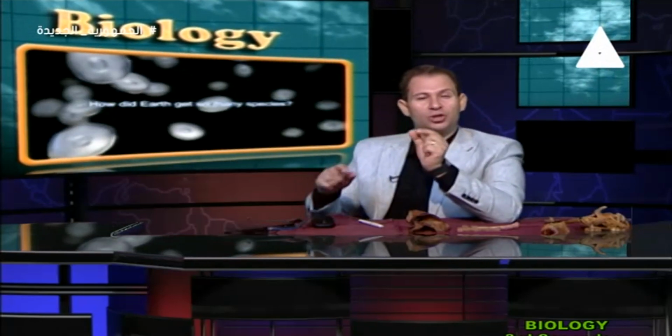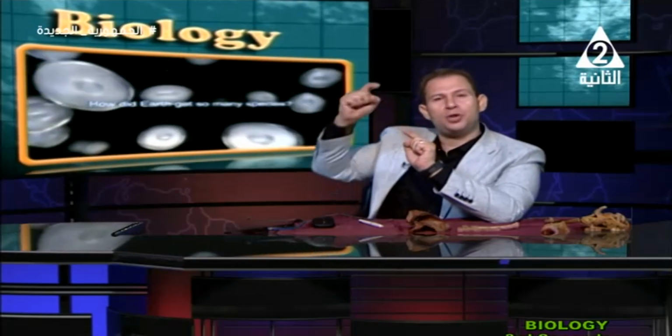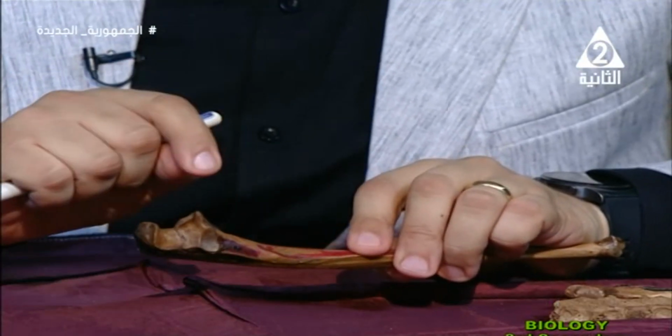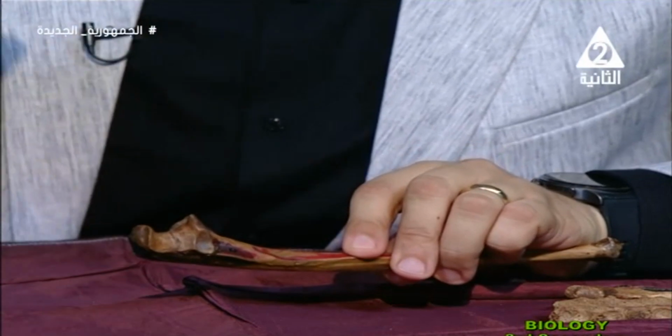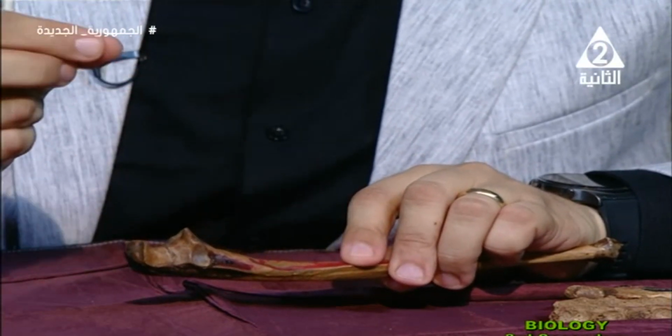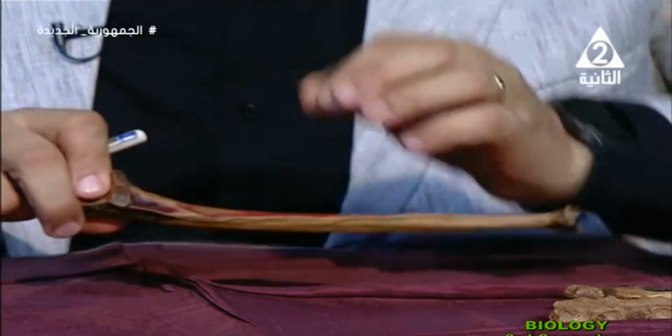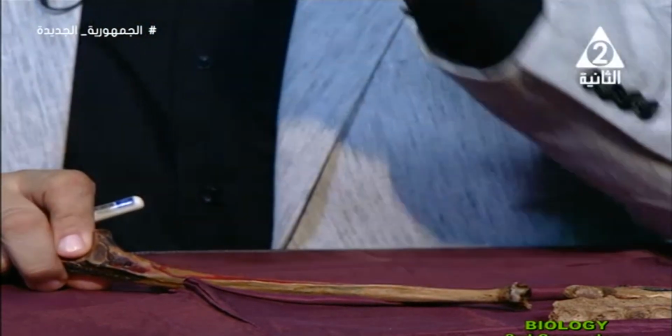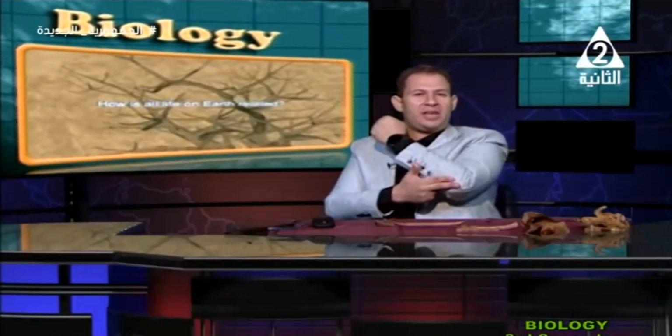And there is a depression into which the process of the humerus fits to form, if you remember, what we call the elbow. You know the elbow, okay? The ulna is connected with your humerus, but the radius is not connected with your humerus.